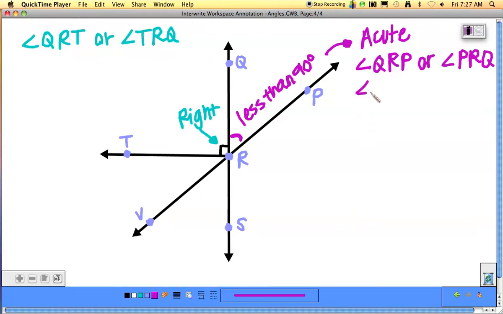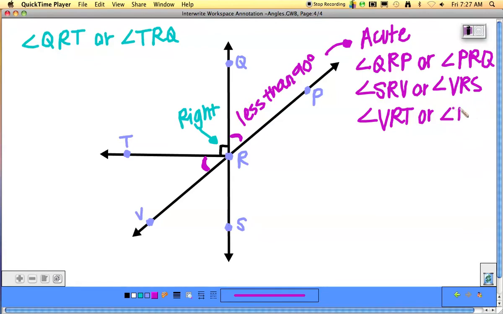I see angle SRV or VRS, with that vertex point being in the middle. Do you notice it's in the middle of all of them? I also see angle VRT, that's going to be less than 90 degrees. And I can also say that as angle TRV.